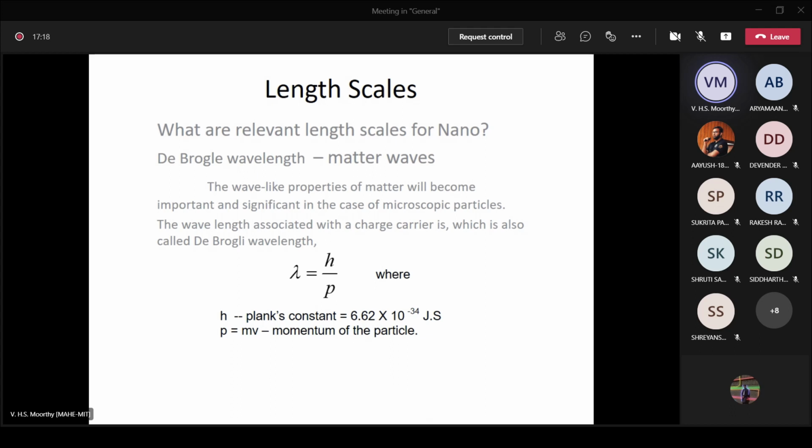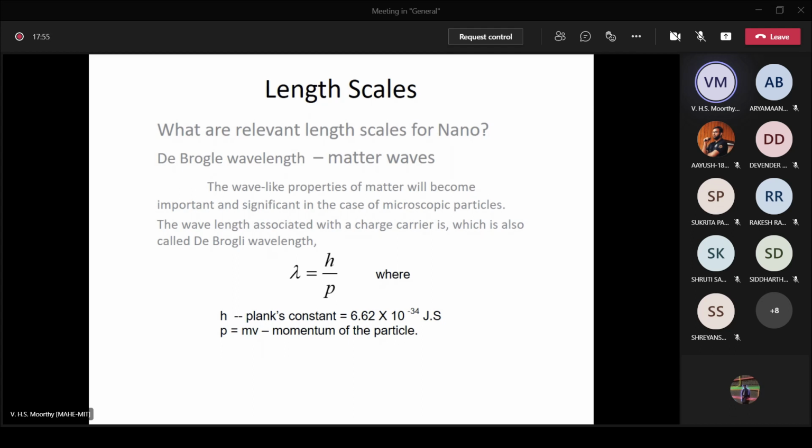Energy levels lower than the Fermi level form the valence band, and those above the Fermi level form the conduction band. I hope you are aware of valence and conduction bands. Below the valence band there are core bands, starting from the nucleus: K band, L band, and so on.